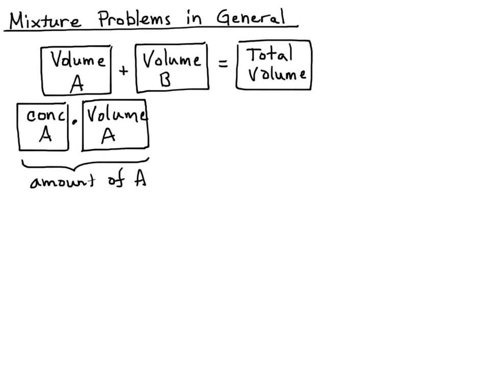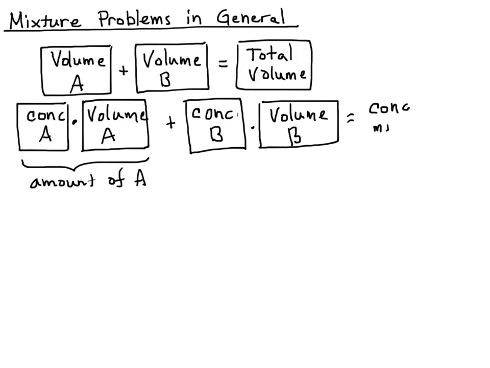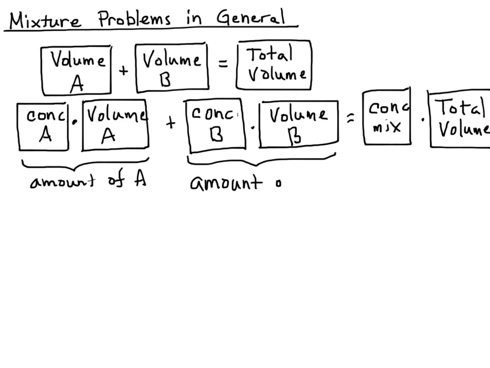If we multiply the concentration times the volume, we'll get the amount of that ingredient. And then we're going to add the concentration in B times the volume of B, and so we'll get the amount of our ingredient in B, and then the last one is the concentration of the mix times the total volume.